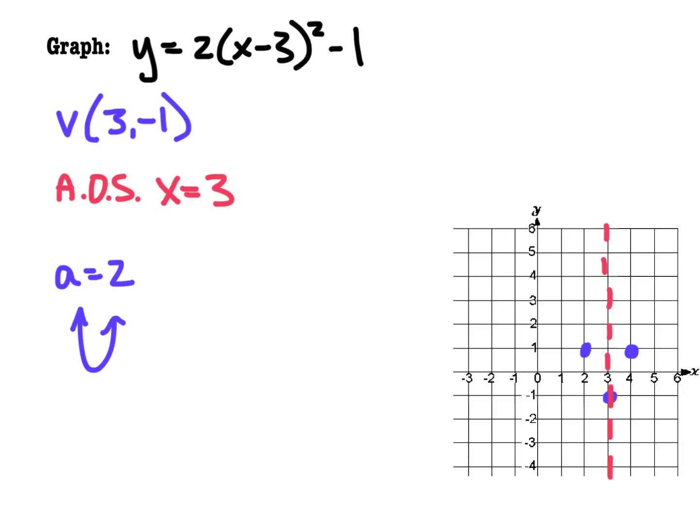Normally it would be over 2 up 4, since 2 squared is 4. But this would be over 2 up 8, and that actually goes off of our graph. So that's the graph. Be sure that you have the axis of symmetry labeled either over here, or you could write it right here on the graph. You could put x equals 3.